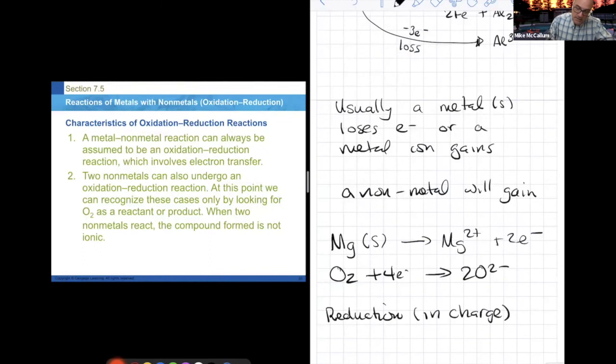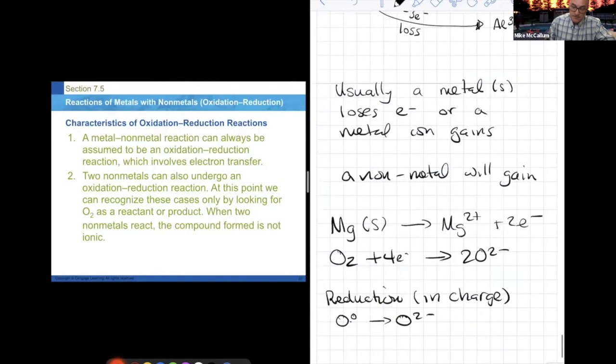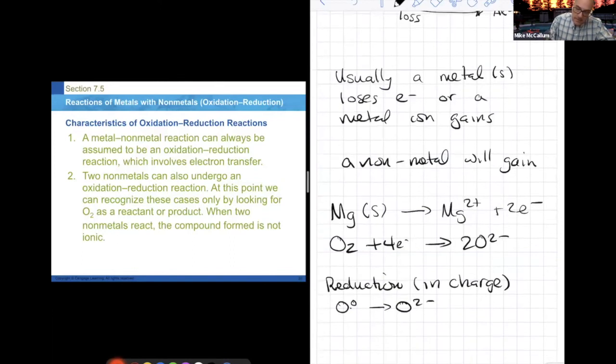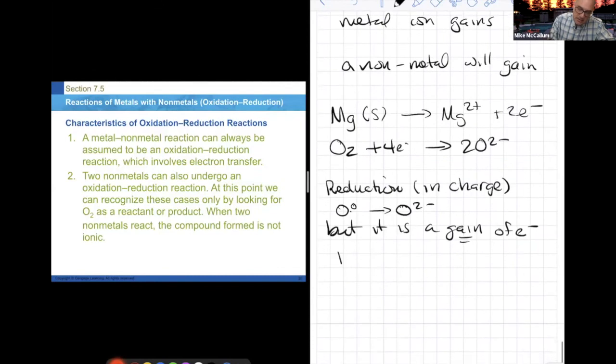We can see that each oxygen is going from neutral to oxide 2 minus. So this is a reduction in charge. But what this really means is that it's a gain of electrons. Right? So maybe you've seen this, reduction is gain.